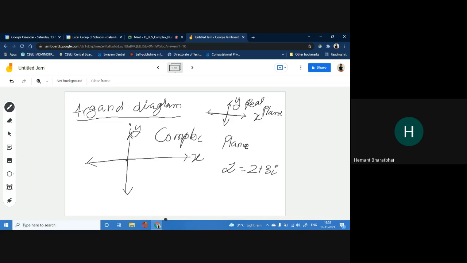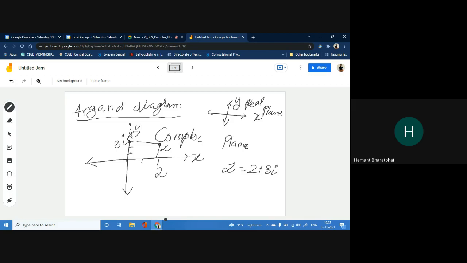Here this is the origin, so this is 0, this is 1, this is 2. Similarly, on the other axis, this is the origin, this is 1, this is 2, this is 3. So here I am going to get a point. This point is going to be my z, because it is 2 plus 3i.